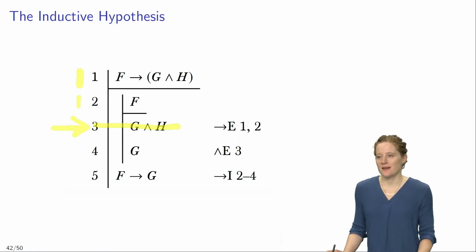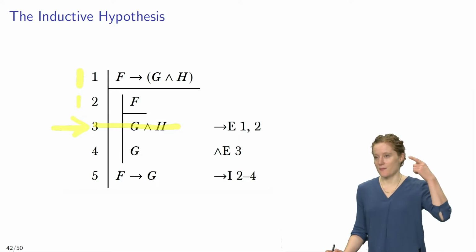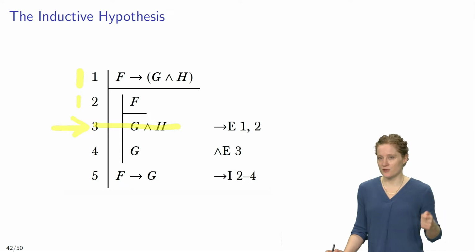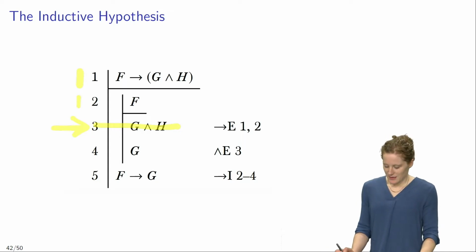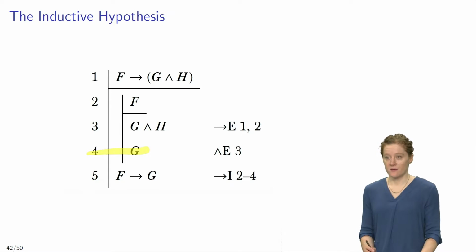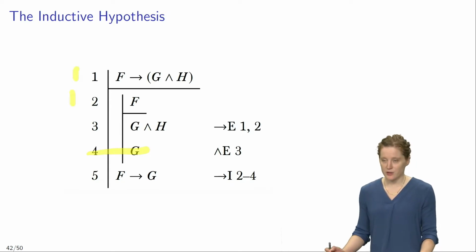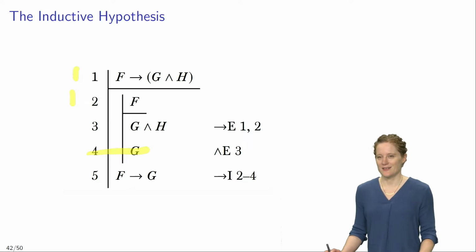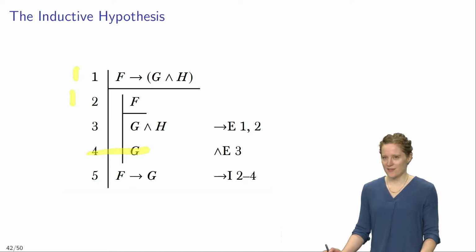And that means that every valuation that makes the premises in line 1 and 2 true also makes the sentence in line 3 true. Now, similarly, line 4 depends on the same two assumptions, the premise in line 1 and the premise in line 2. And according to our hypothesis, every valuation that makes both of these premises true also makes sentence G true.